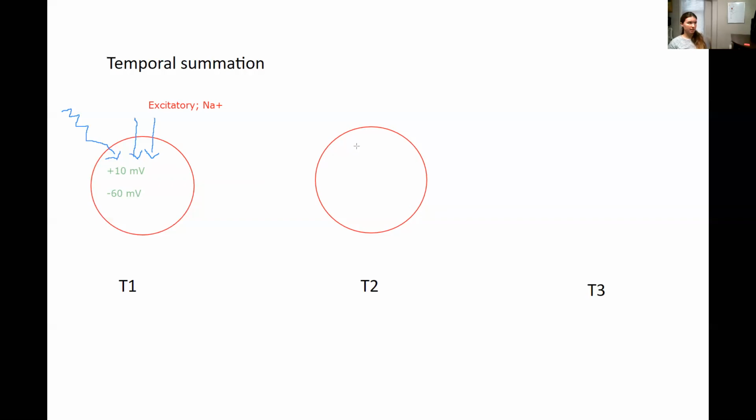So if we measure at this time period when our stimulus is not firing, we're going to start to see that extra 10 millivolts start to dissipate. So for example, now maybe we're only at plus 8, right? So now we're going back down towards negative 70, okay?